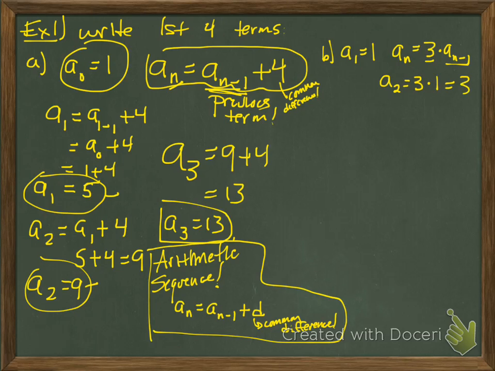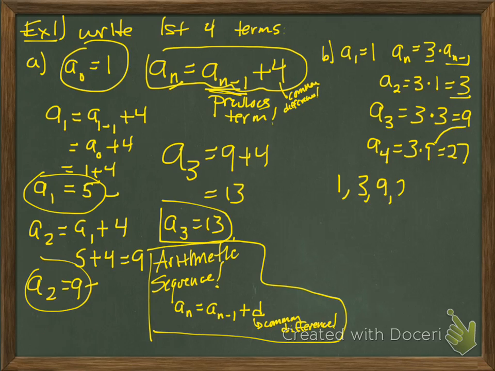So a sub 2 would be 3. If I wanted to know a sub 3, I would do 3 times the previous term, 3. So it would be 9. If I wanted to know my fourth term, I would do 3 times the term before it, which was 9. So that'd be 27.